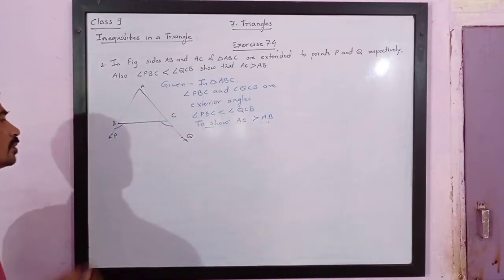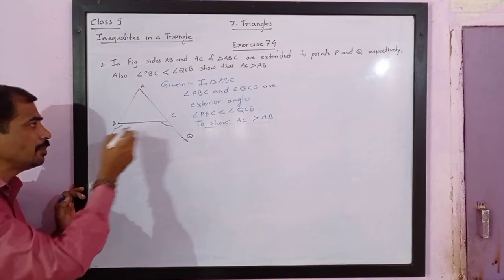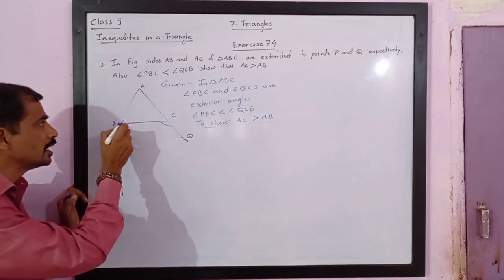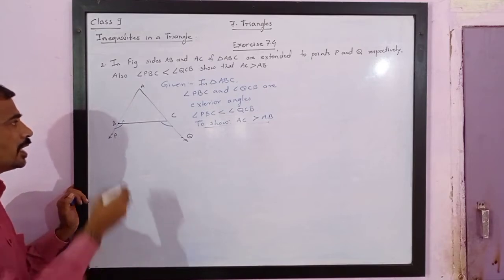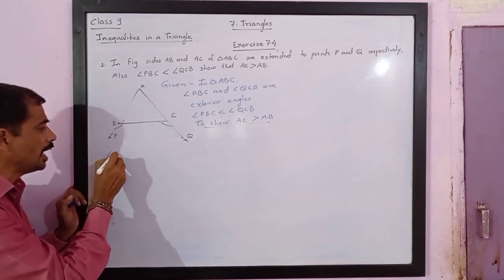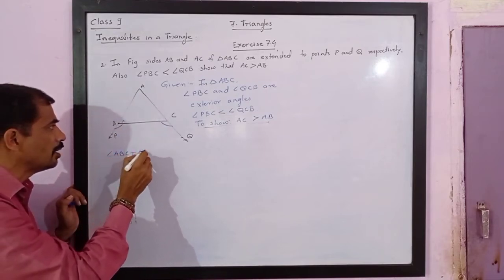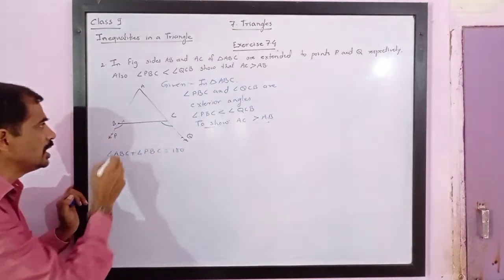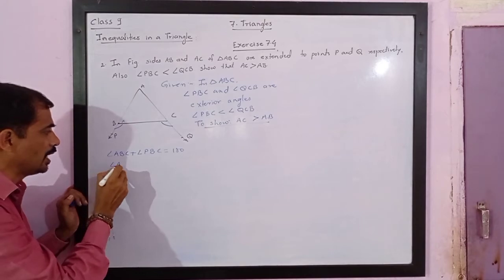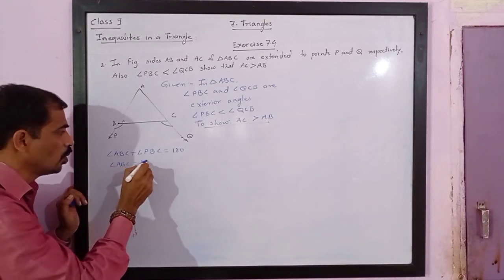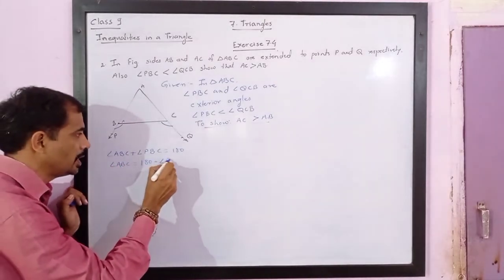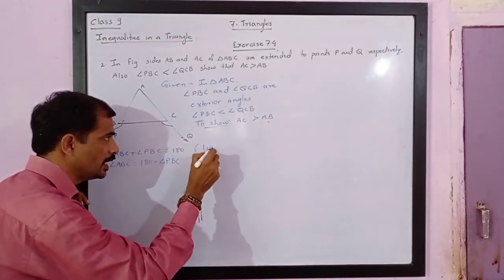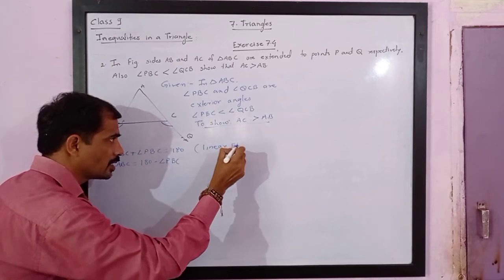Now see, angle ABC plus angle PBC is 180 degrees. The reason is they are angles in a linear pair. So angle ABC is equal to 180 minus angle PBC. Angles in a linear pair are supplementary.